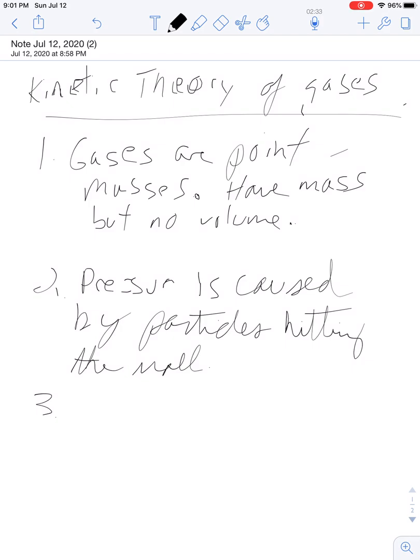Number 3, just like number 1, is an assumption that there are no attractive forces between gas particles.